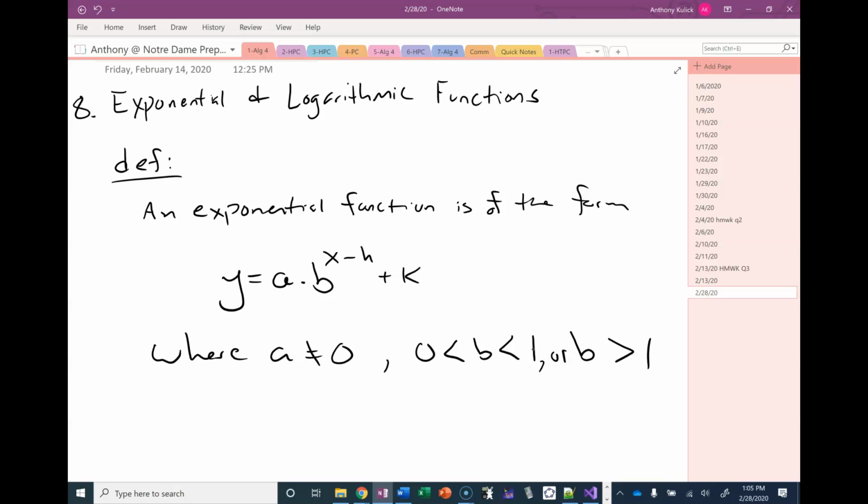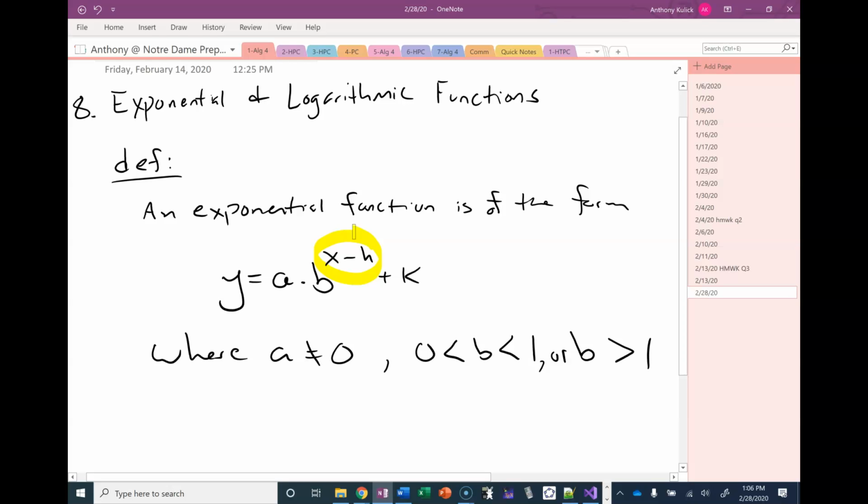Why does b need to be positive? Well, keep in mind that x here, the exponent, has a variable in it. So the exponent could be things like a half or a fourth or a third, right? Everybody's okay with that? And remember that a fractional exponent is the same as a radical.